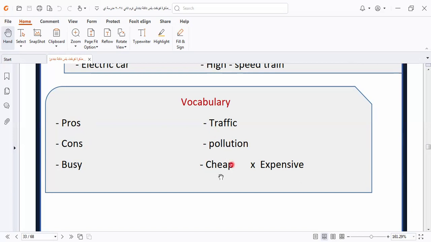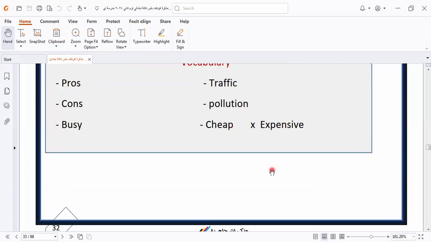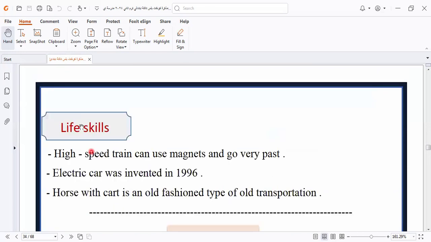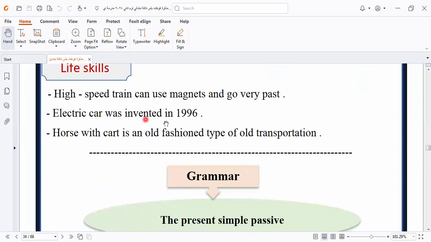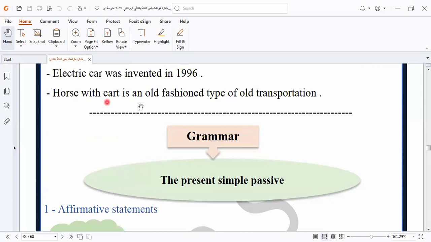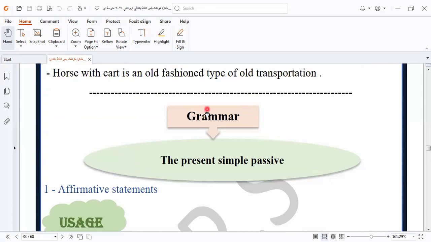Cheap and expensive are opposite words. Okay, we have here life skills. High-speed train can use magnets and go very fast. Electric car was invented in 1996. A horse with cart is an old-fashioned type of transportation.